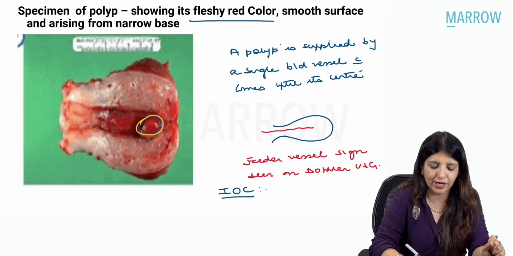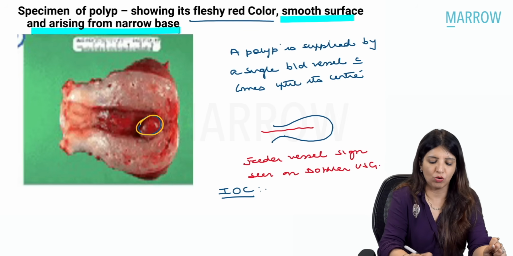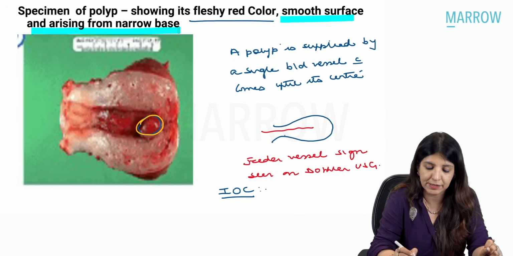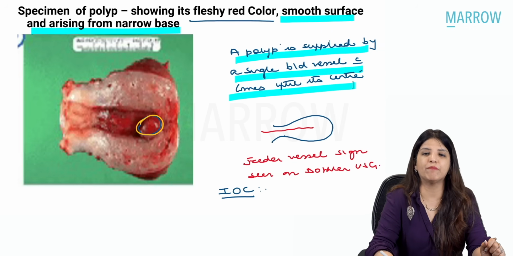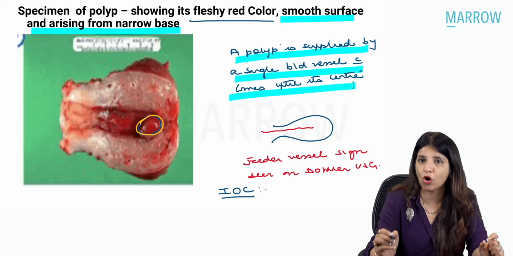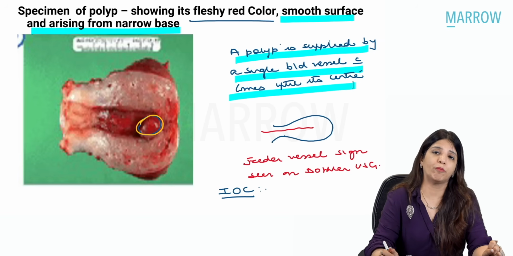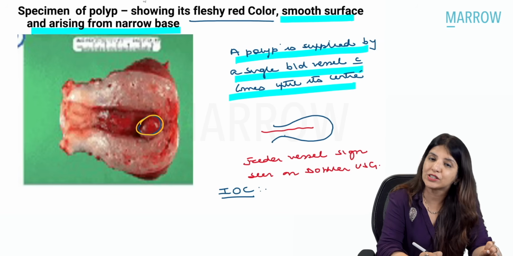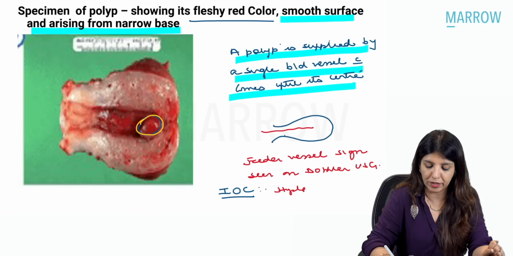It has a very smooth surface and it always arises from a narrow base. A polyp is supplied by a single blood vessel which comes up till the center, and this forms the basis of the feeder vessel sign which you get on Doppler ultrasound. The investigation of choice in case of polyp is hysteroscopy.